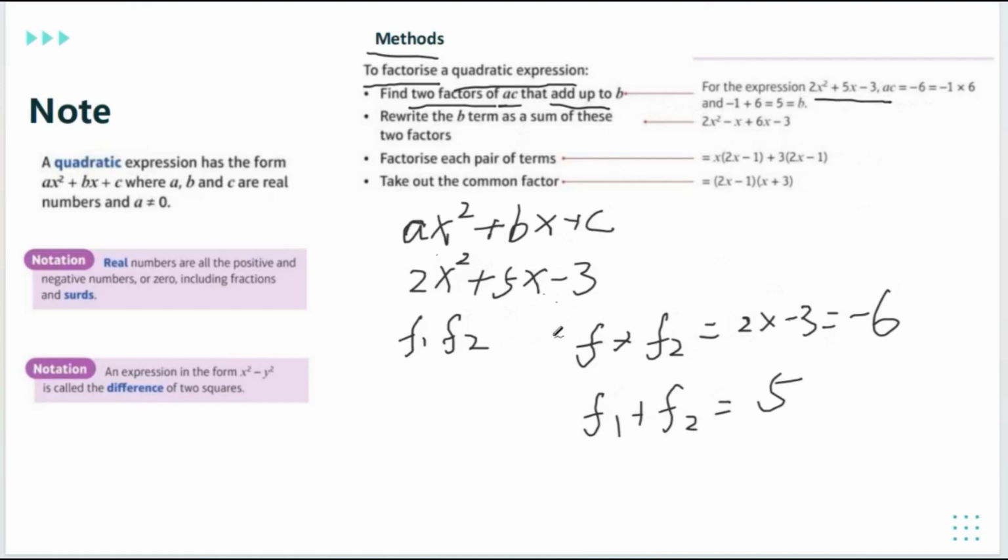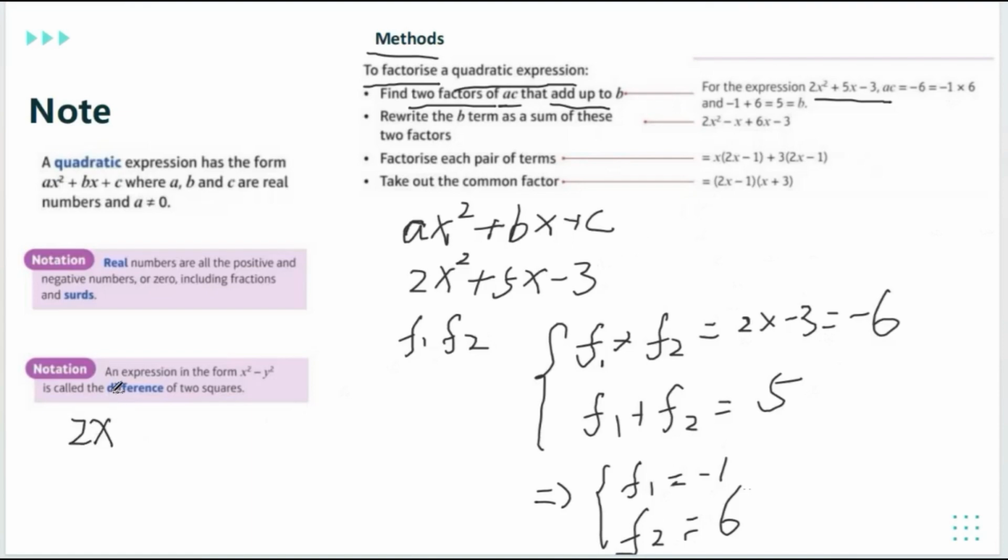We change the quadratic expression to a linear equation, right? So maybe f1 equals minus 1, or f2 equals 6, right?